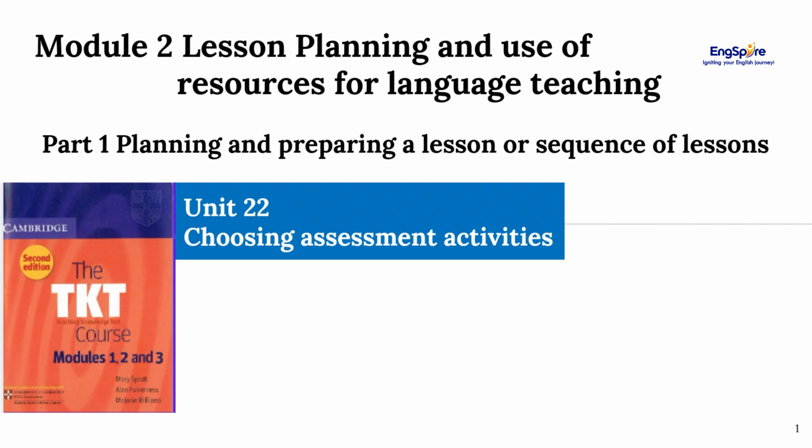We will examine different types of assessment activity. So, by the end of this lesson, you will have a clearer understanding of how to choose appropriate assessment activities and how they can support effective teaching and learning. So, let's get started.